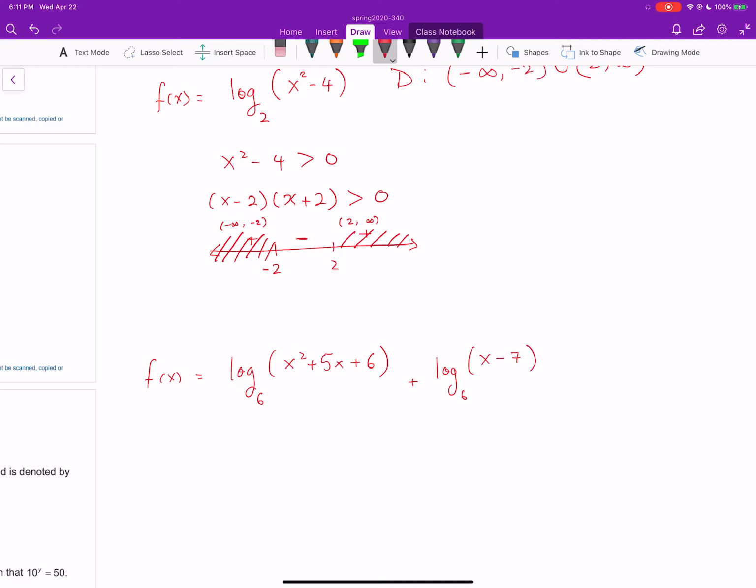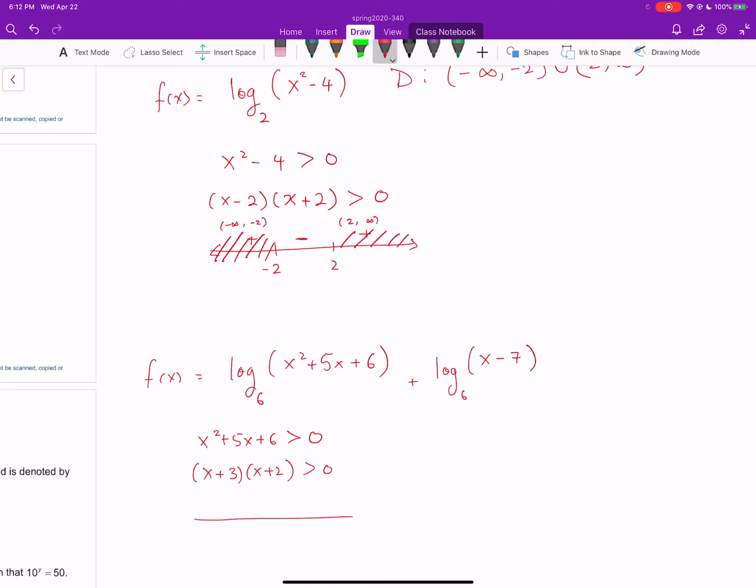That's what I have, and I want to try and find the domain. I can see clearly that if I set the first one, x squared plus 5x plus 6, greater than 0, I get x plus 3 times x plus 2 has to be greater than 0.